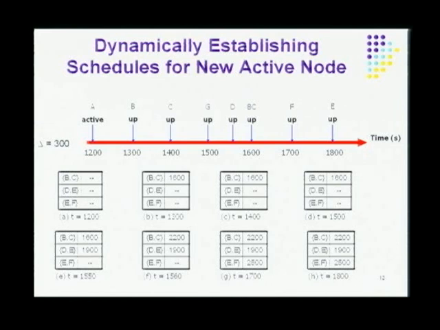And then, at time 1300, B wakes up, and B sends a probing message. So A receives it, and A searches its GAN table and knows that B is a member of one of its GANs.